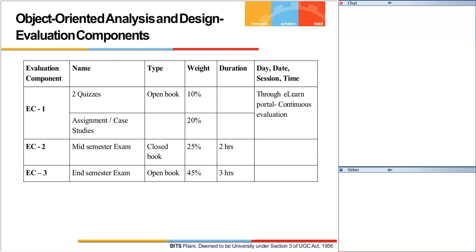E-books on mobiles, Kindle, nothing. Mind you, no gadgets are allowed. Mobiles to be switched off, Kindle, laptop, nothing. So you have to go with the hard copies of the textbook. Only the hard copies of the textbook, hard copies of notes, printouts of the slides which are properly bound is what is required.